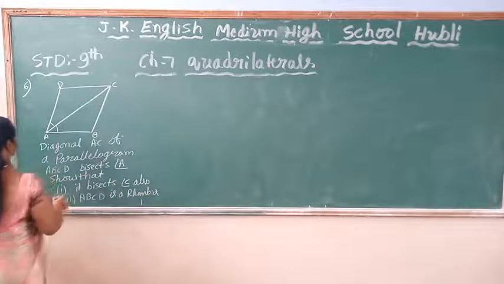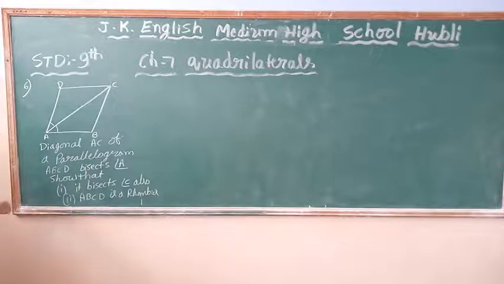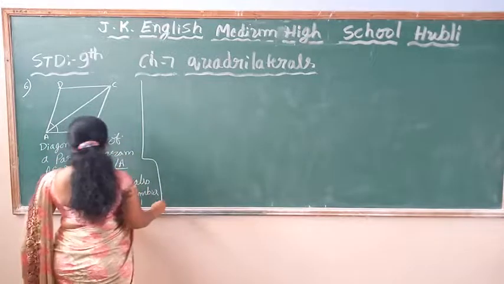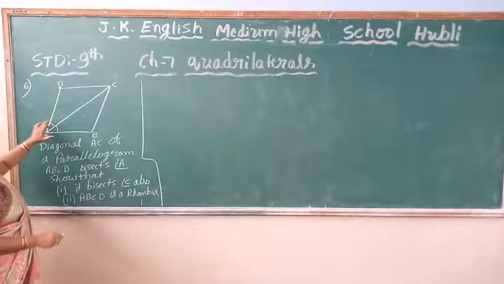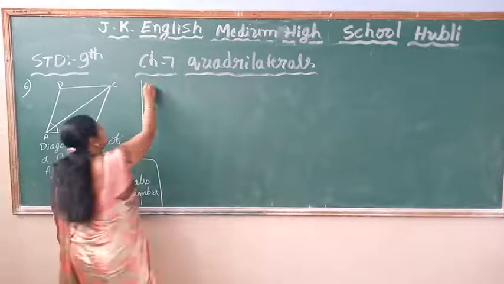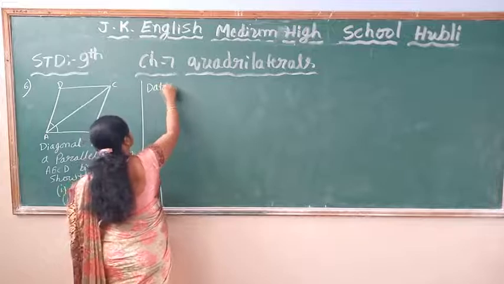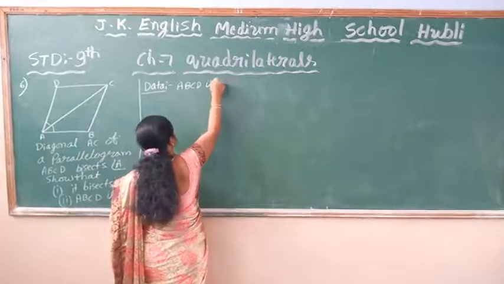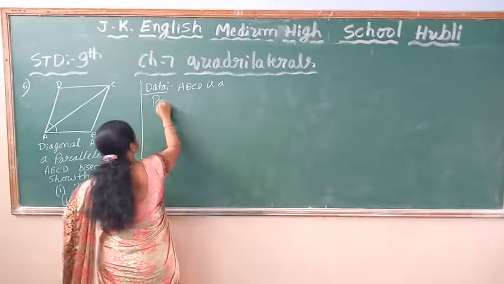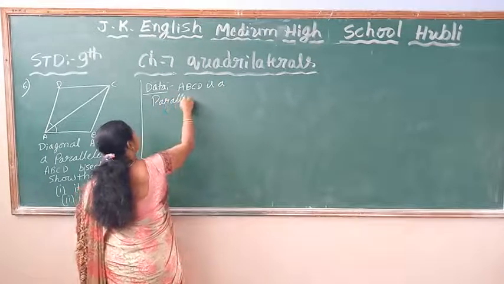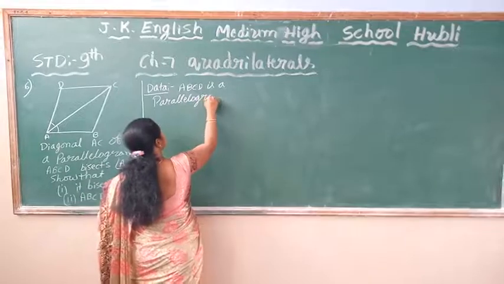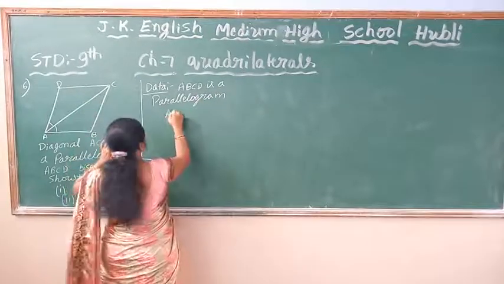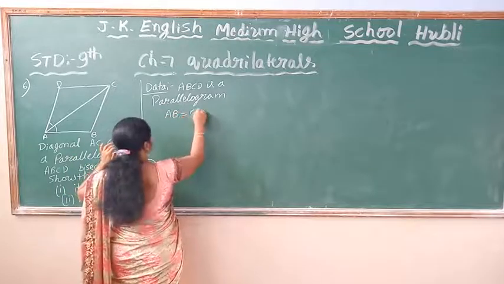Okay, so we know now it is a parallelogram. Now, diagonal AC of a parallelogram, given data. What is given? ABCD is a parallelogram. ABCD is a parallelogram means the property of a parallelogram: opposite sides are equal and parallel.